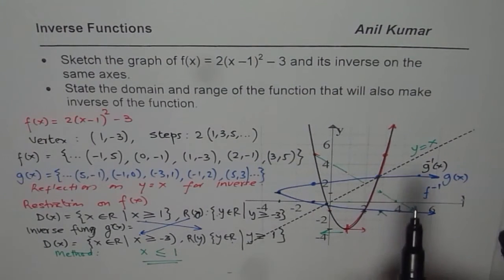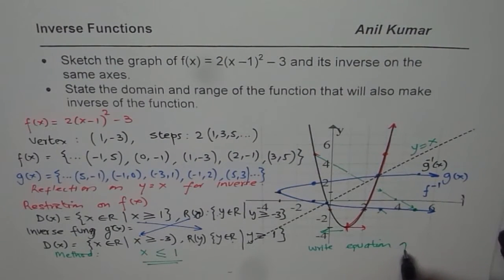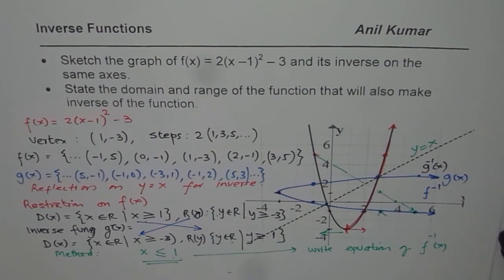Also what you can do is write the equation of the inverse function f inverse x in both the cases, correct? So restrict it to this part and then write the equation of the inverse of f of x in the restricted domain. That should be a good exercise. I hope it provides you with a learning experience and helps you to get all the things together. Thank you and all the best.